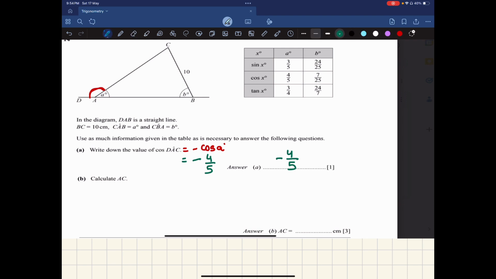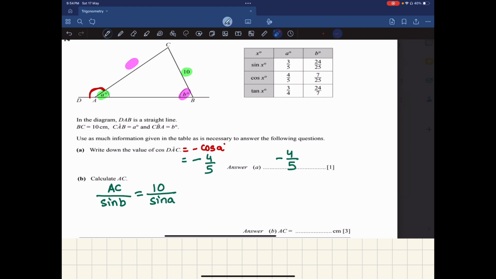Okay, let's highlight the angle side pair. So A is this and B is AC. So the pair side that we need to find is AC. So AC over sine of B is equal to 10 over sine of A, right?